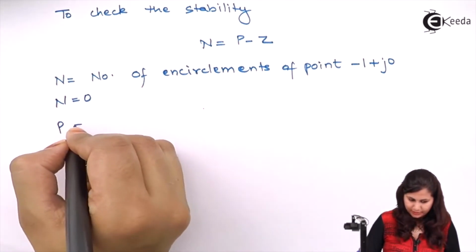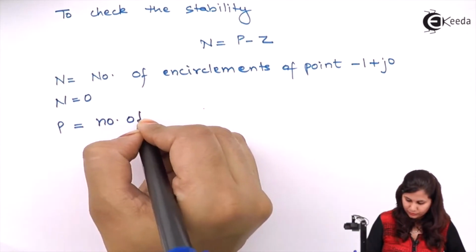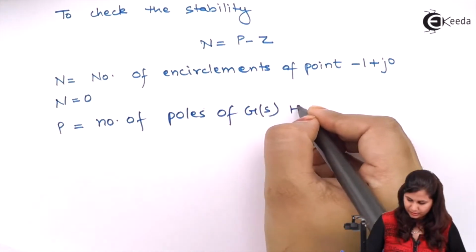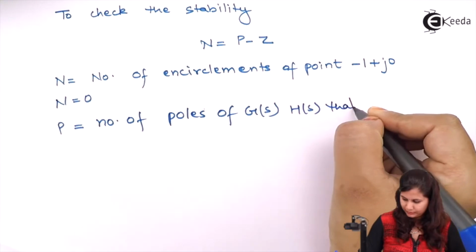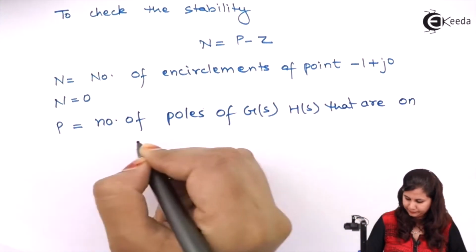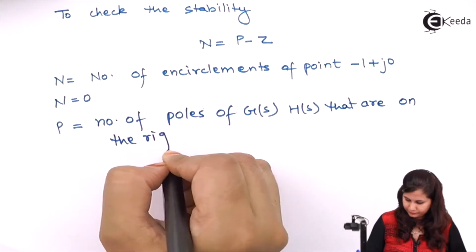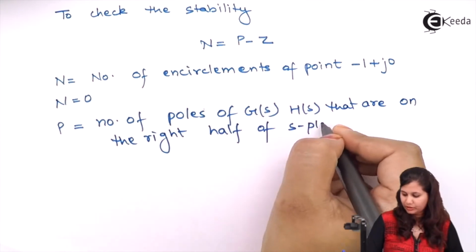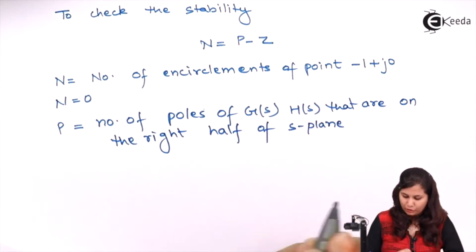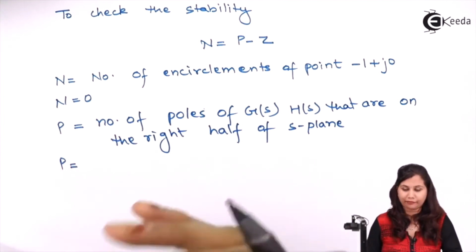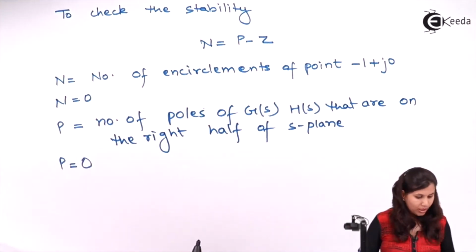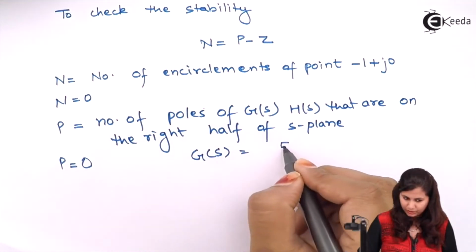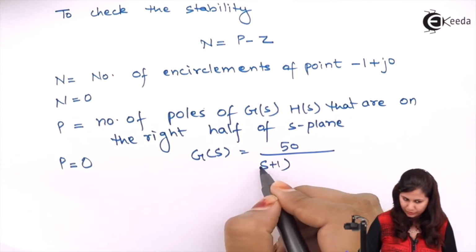Now P is the number of poles of G(s)H(s) that are on the right half of the S plane. Here no pole is on the right half of the S plane, so P is equal to 0, because our transfer function was G(s) equals 50 upon (s plus 1)(s plus 2).